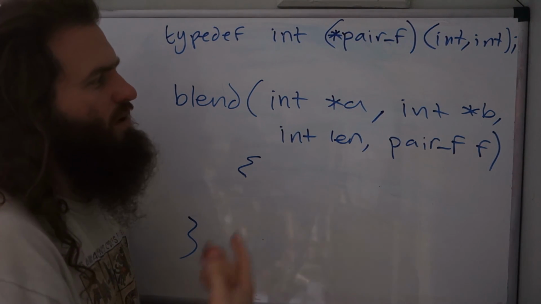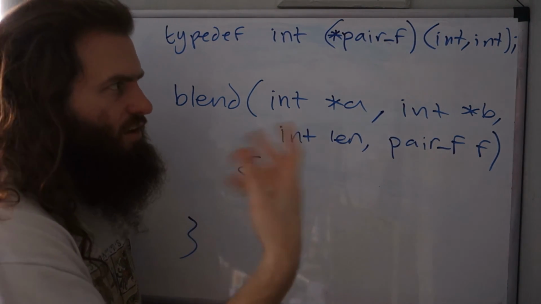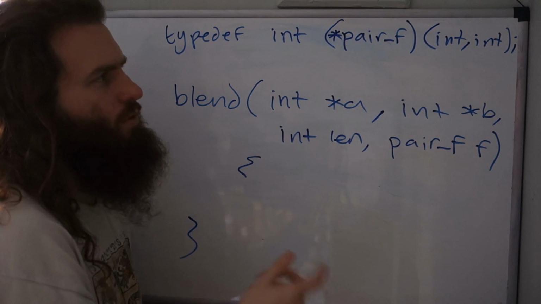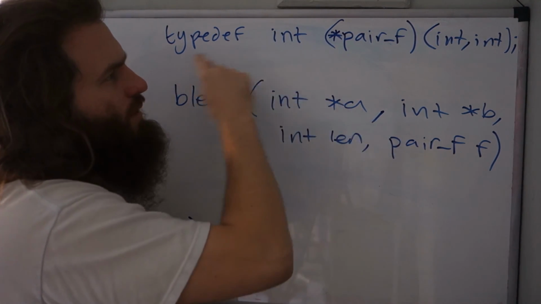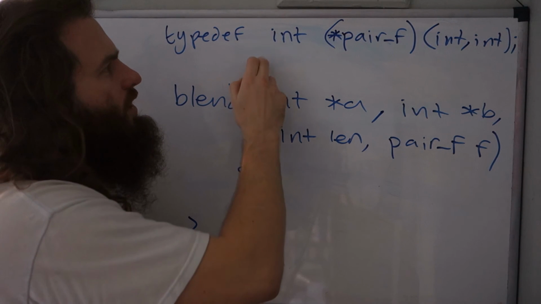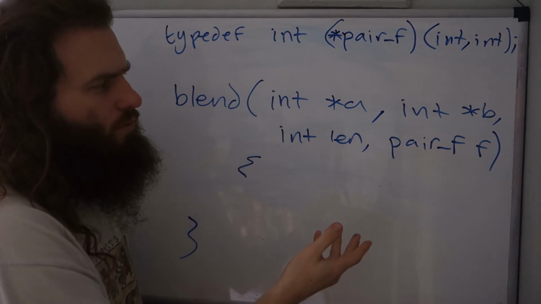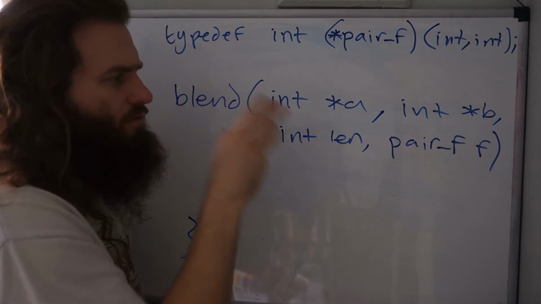And then if we wanted to add together the elements of A and B, we could pass in an add function, or if we wanted to subtract A and B, we could pass in a subtraction function. And we can pass in any function which matches that function prototype. So being able to define function types is very useful for then passing them into other functions.